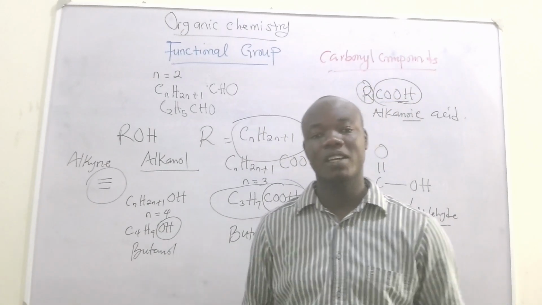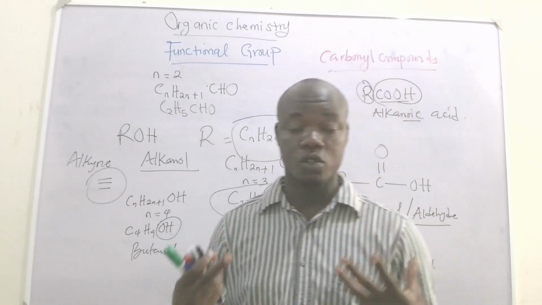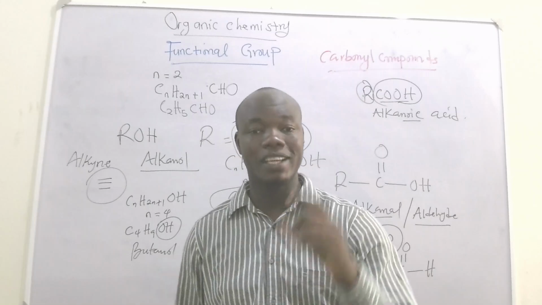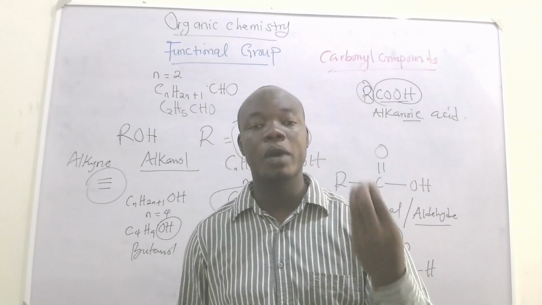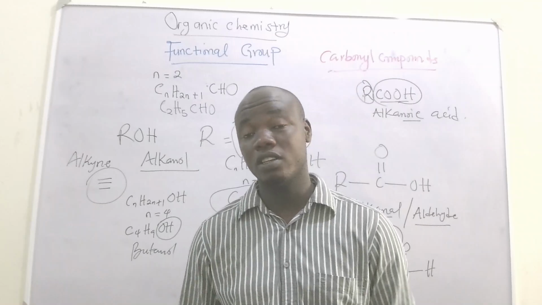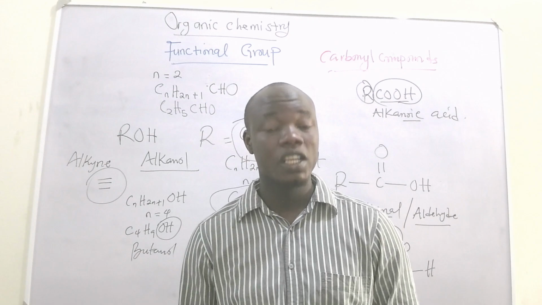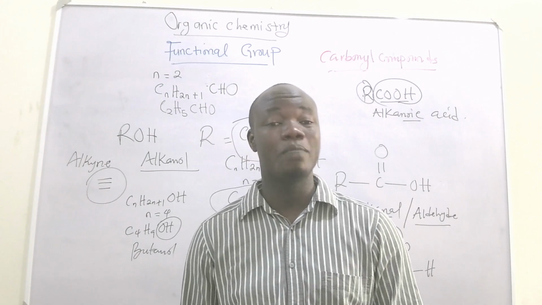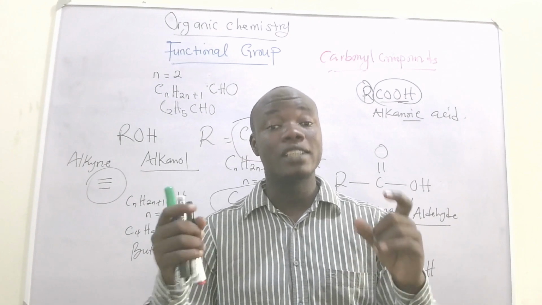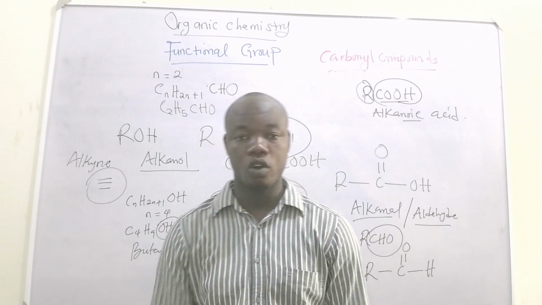So ladies and gentlemen, what you need to understand is that a functional group is an atom or group of atoms that determines the chemical and the physical properties of a compound. It might not always be atoms or group of atoms; it can be atoms, a group of atoms, or a bond that determines the chemical and physical properties of a compound.